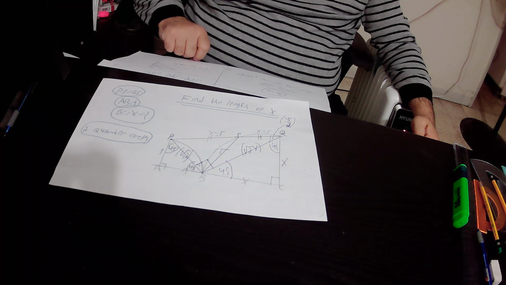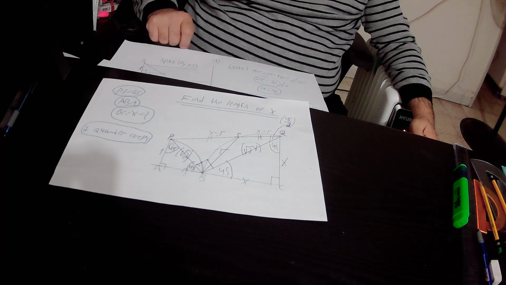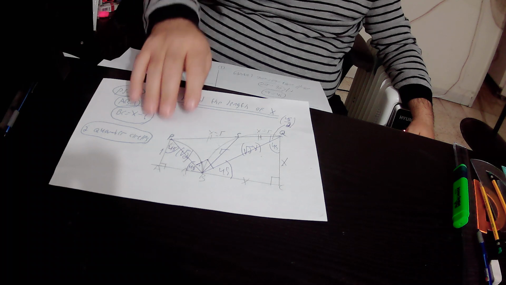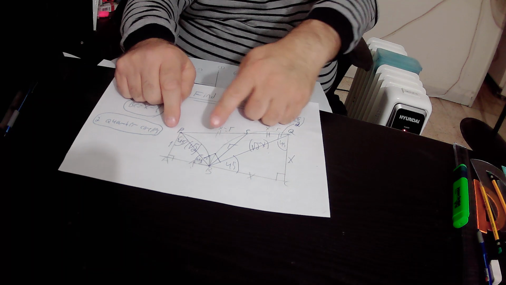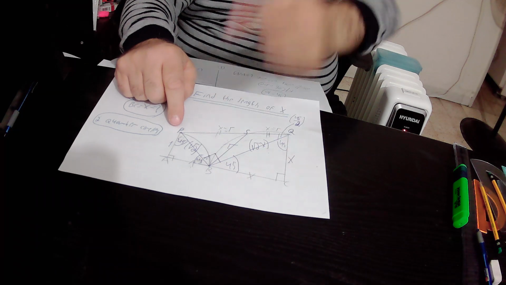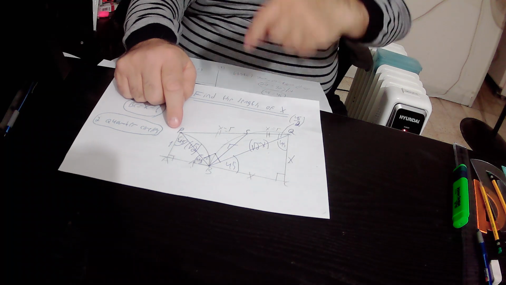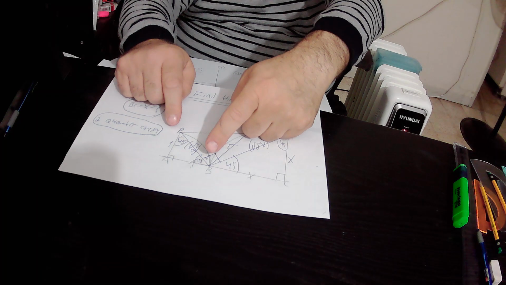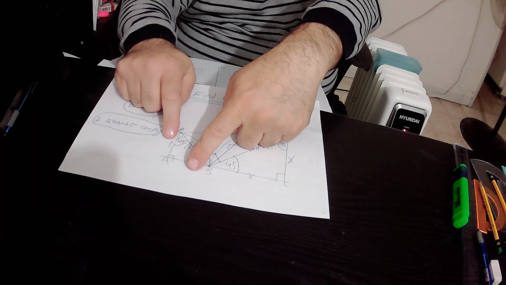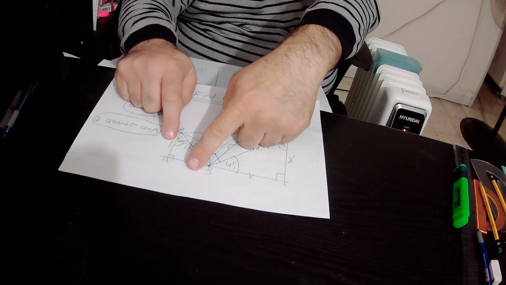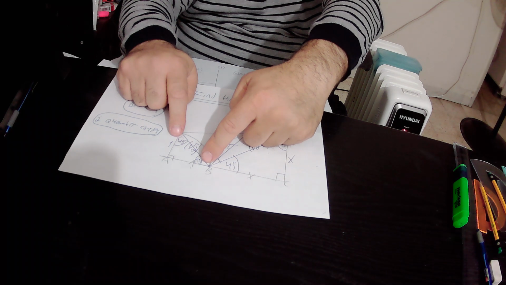Okay, then, in the right triangle PAB, PA equals AB. And we have the rule that in front of equal sides in the triangle there are equal angles. So in front of those two equal sides, we have those two angles that must be also equal to each other.